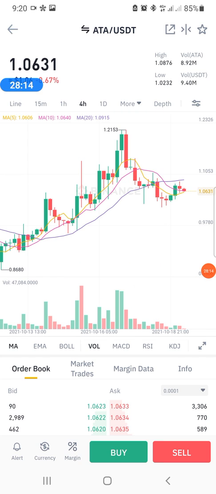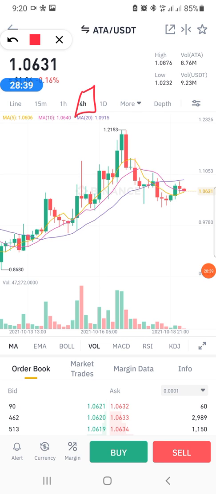So a price chart is a graph representation of price movement. The price of a coin moves in patterns, so it shows you how the price moves based on time frame. For example, on this chart, I'm on the 4-hour time frame.